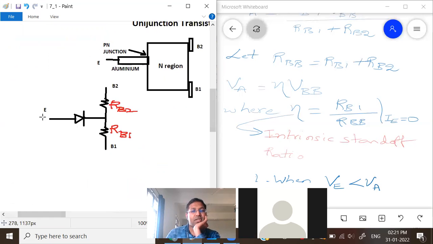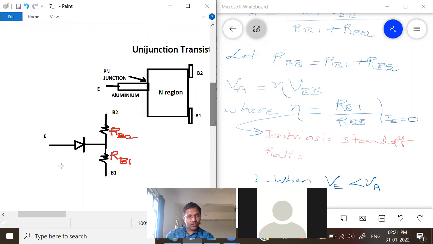This is the emitter voltage VE, and this is VA. When VE is less than VA, the voltage on the P side is less than the voltage on the N side.